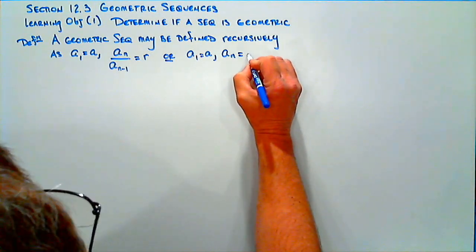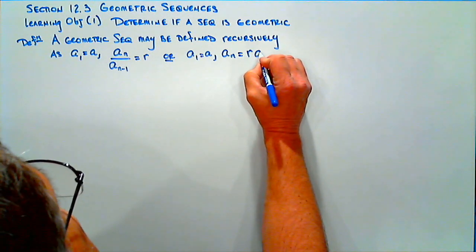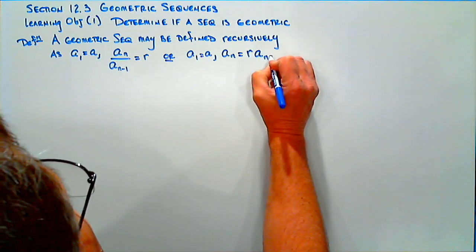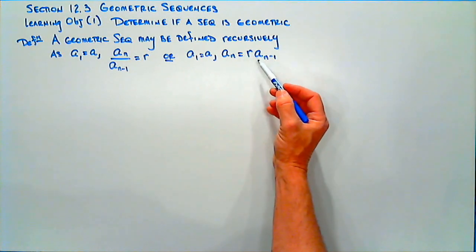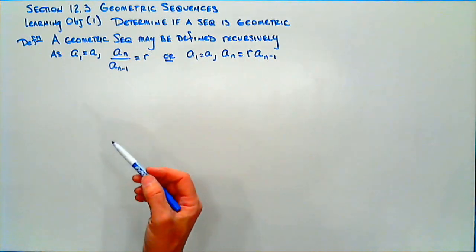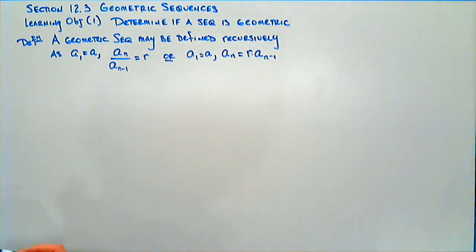My nth term is R times the term that came before, n minus 1. Now, the difference between geometric and arithmetic was about adding a common difference. Here, we're multiplying.